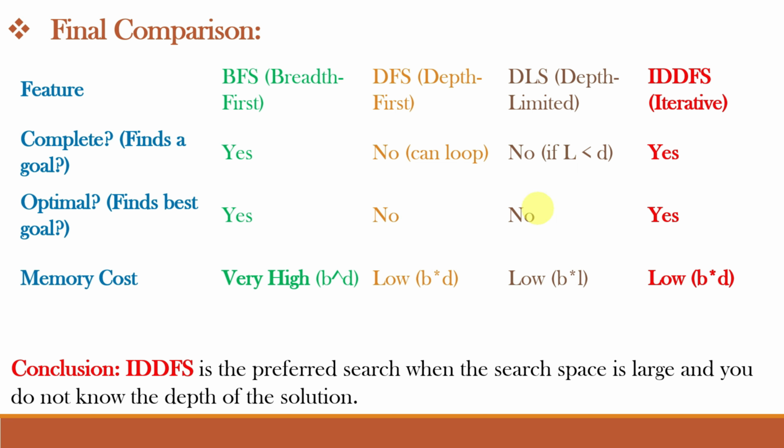It can fail if you guess the wrong limit. And IDDFS is the clear winner. It is complete, optimal and has low memory. And this is why IDDFS is generally the preferred uninformed search method for large problems when you have no idea how far away the solution is.